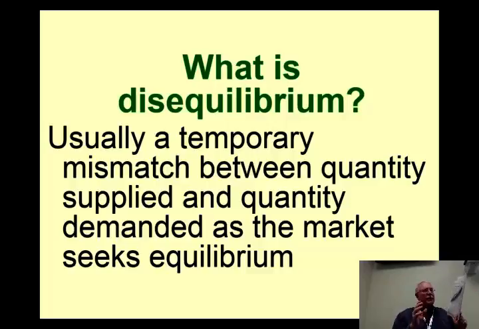That's what the term means. There's always an equilibrium point, and in time there will be a tendency for things to gravitate toward it, but we're not at the equilibrium. We're somewhere else. So we say we're in disequilibrium.